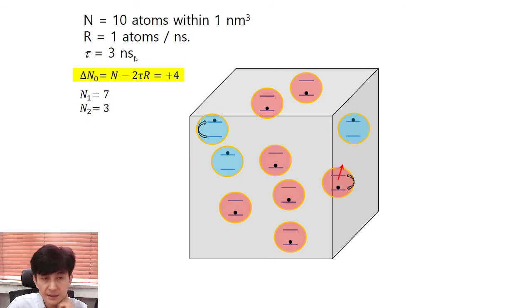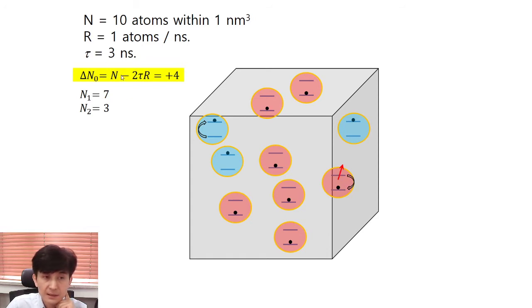So in every 3 nanoseconds, an atom decays into the ground state from an excited state, and spontaneous emission happens. So that tau is 3 nanoseconds for this kind of spontaneous emission of this atom.